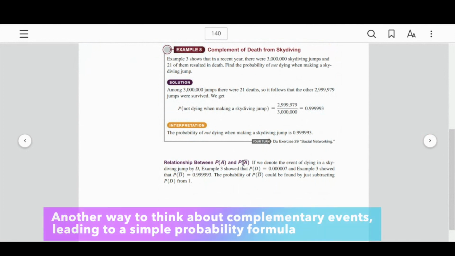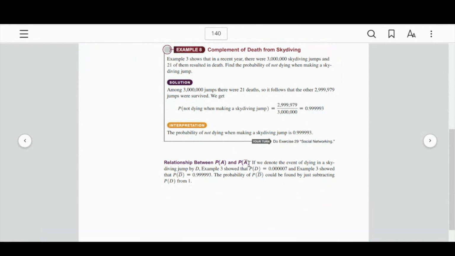Okay, what's the relationship between the probability of something happening and the probability of something not happening? And you think to yourself, well, stuff happens or it doesn't happen. Those are the only 2 choices. That's everything. So the probability of A and the probability of not A, if you add those together, you get 1.